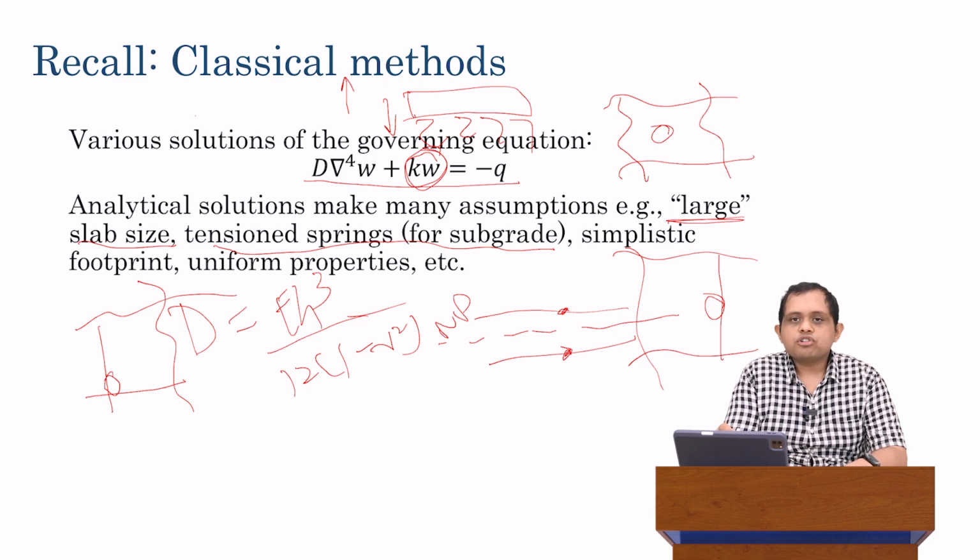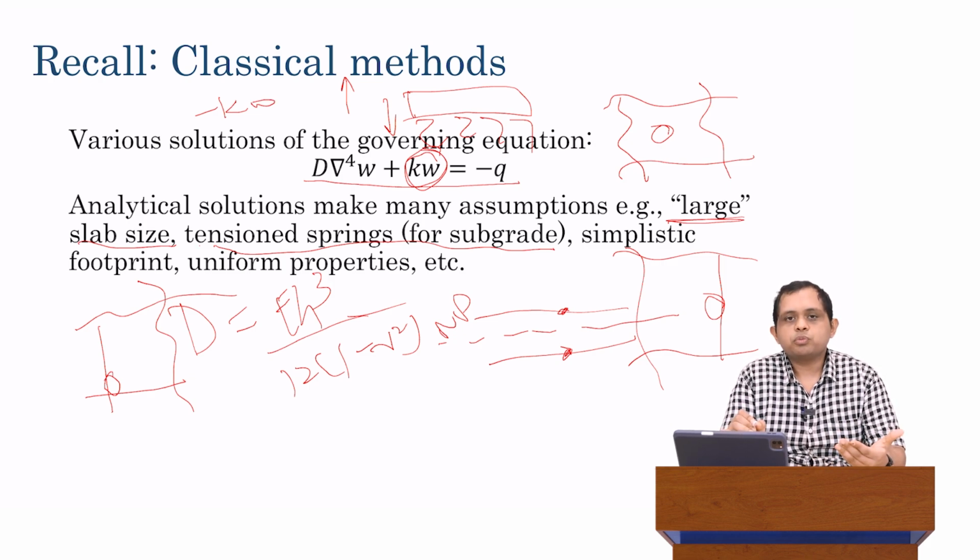Now, if the plate is pushing downwards, that means the springs are in compression, then the reaction force is KW, that's fine. But if the plate is pushing upwards, then the reaction force is minus KW. Physically, when the plate is pushing against the ground, the ground is pushing back.